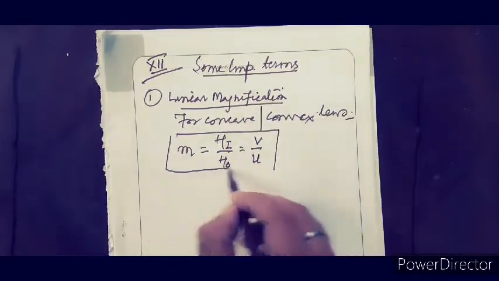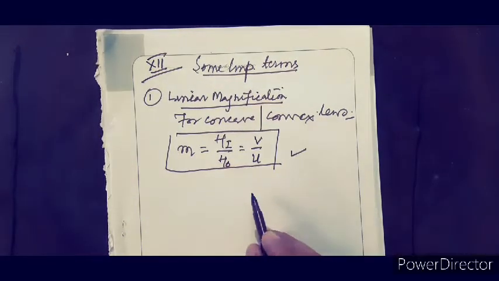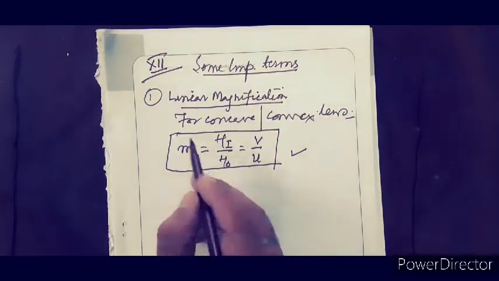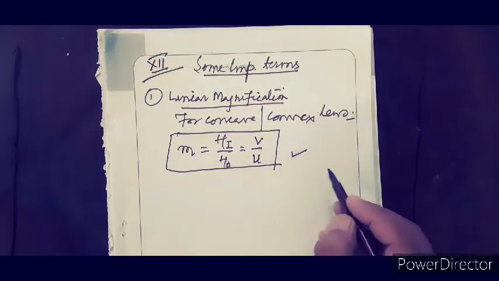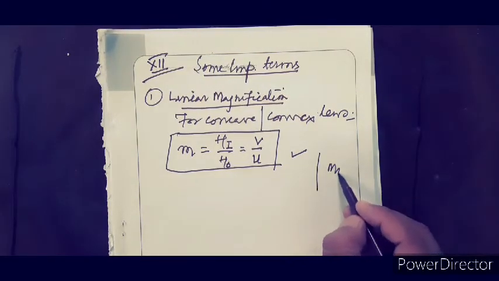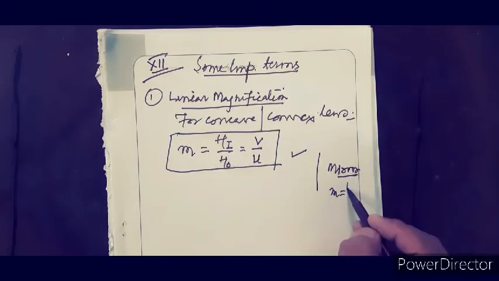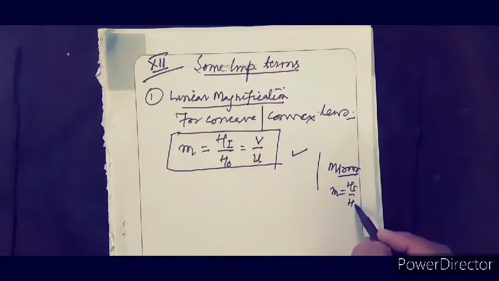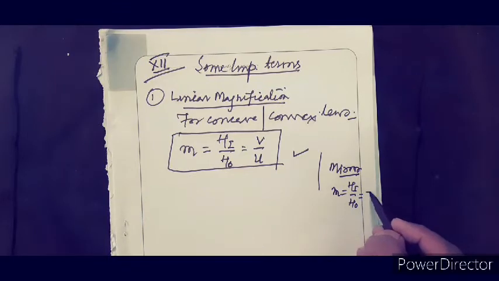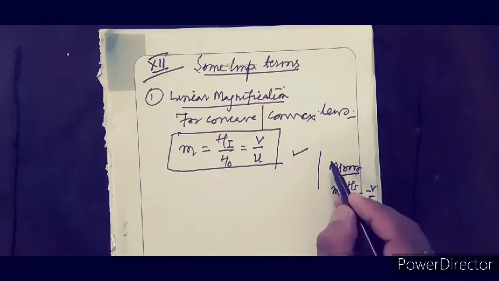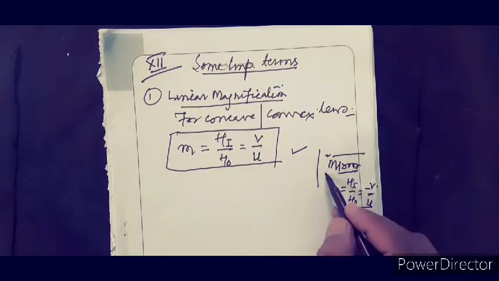That's the application. Always remember how it comes. It's very simple. The plus V by U. And for mirror, we know M is equal to HI by HO is equal to minus V by U. For mirror, just compare and remember.